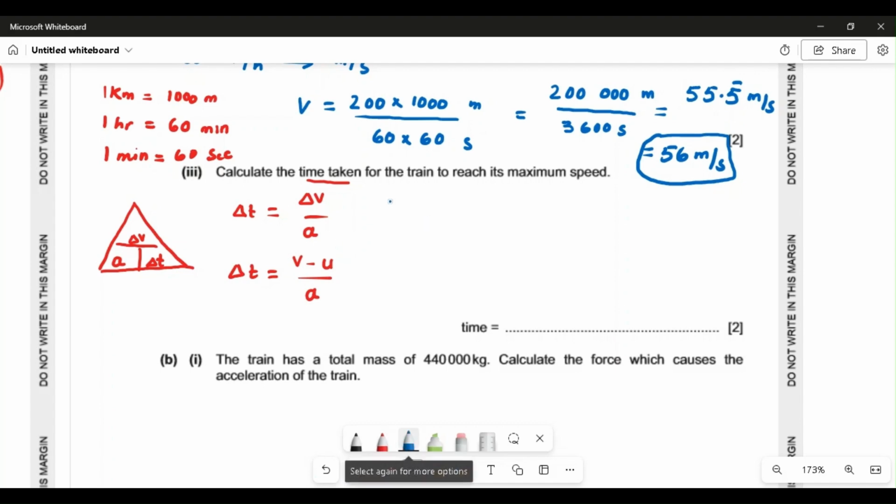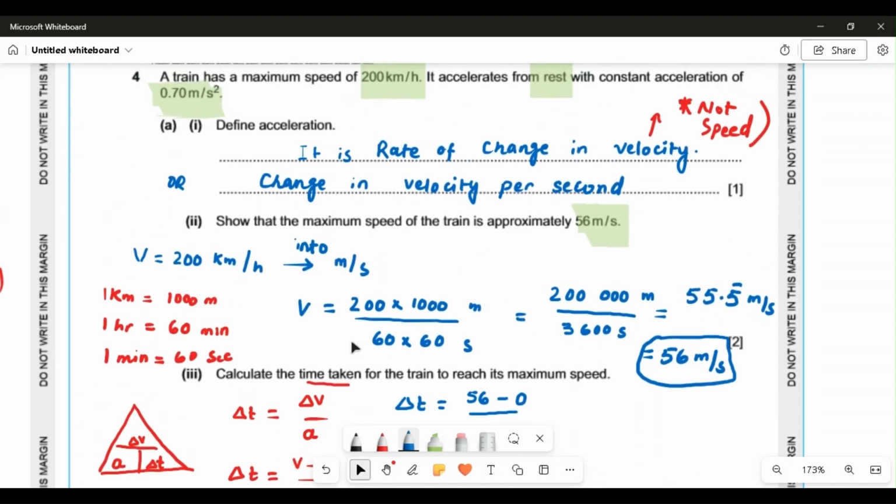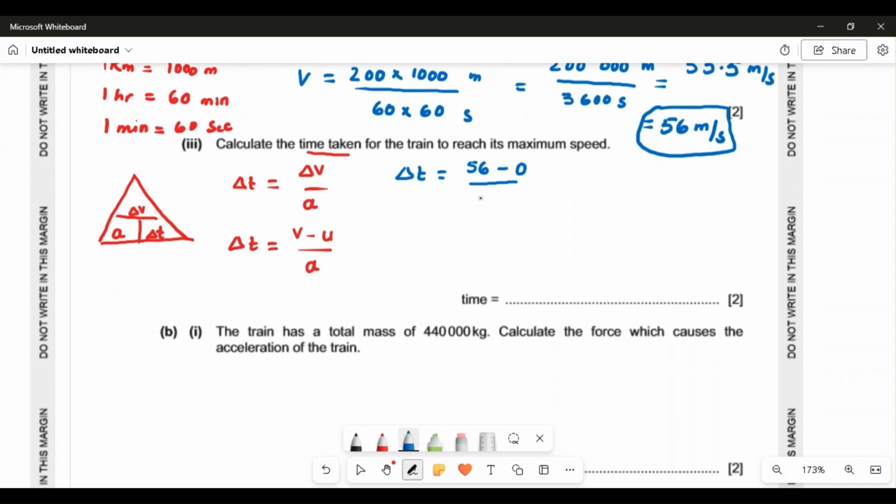For substitution of the values, the time train takes to reach the maximum speed will be final velocity 56 meter per second minus 0 meter per second over the acceleration that was mentioned, 0.70 meter per square second.